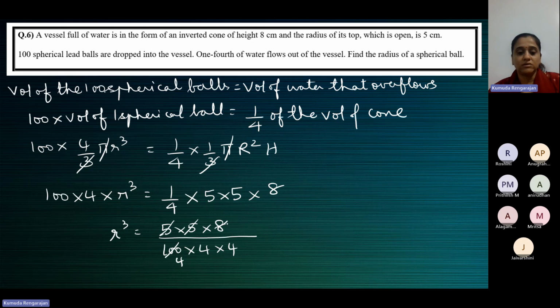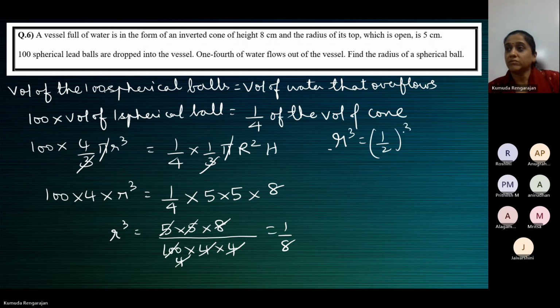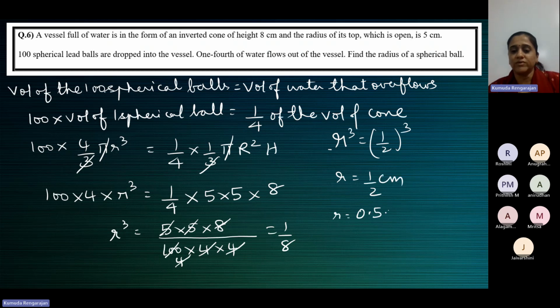Then 4 4s are 16, 16 4s are 64. So you'll get 1/8. So r cubed is equal to 1/8, or 1/2 the whole cubed. So r is equal to 1/2, or r is equal to 0.5 centimeters.